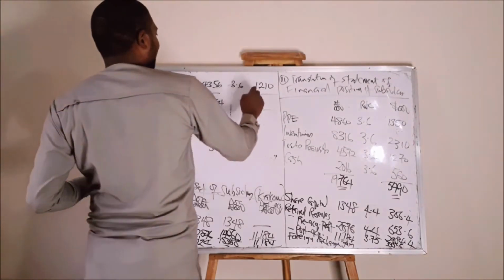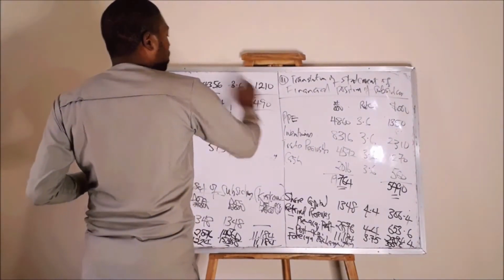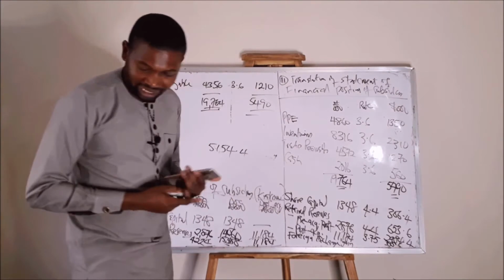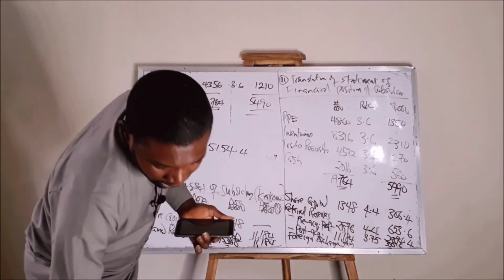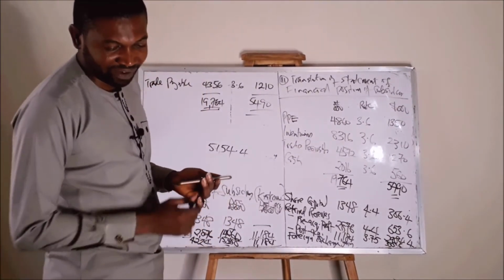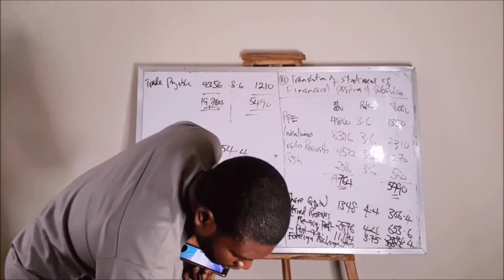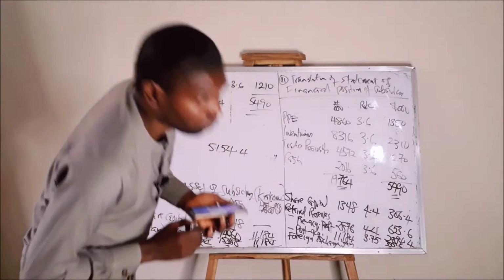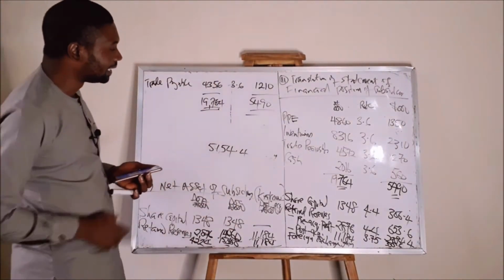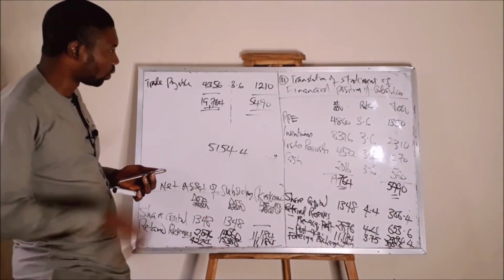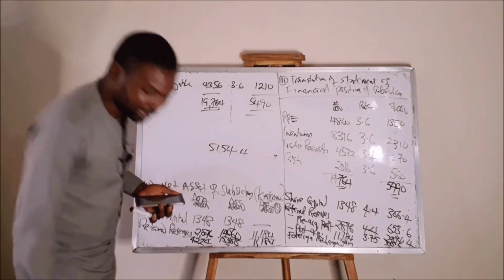If you add 335.6 to 5154.4, you get 5490. So 335.6 is actually the foreign exchange gain. So that's the translation of the statement of financial position.